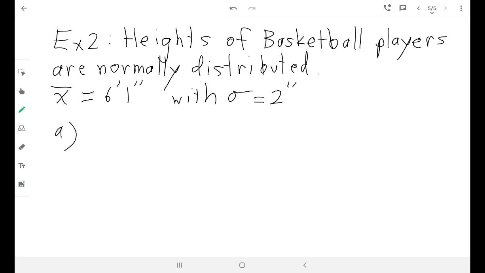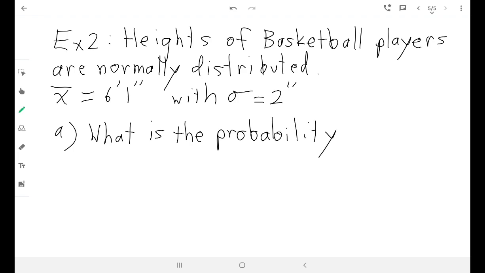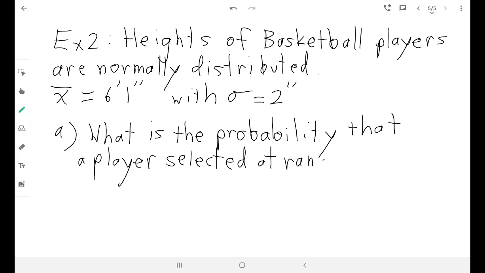And there's 2 parts to this. Part A, what is the probability that a player selected at random, and remember at random is an important thing with normal distribution also.